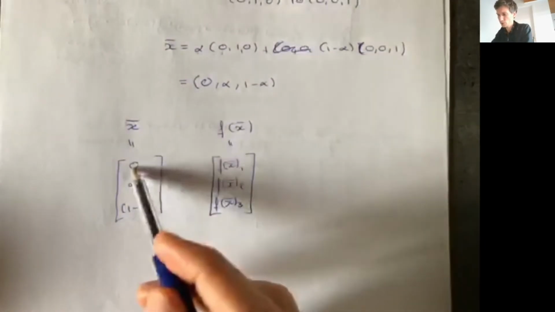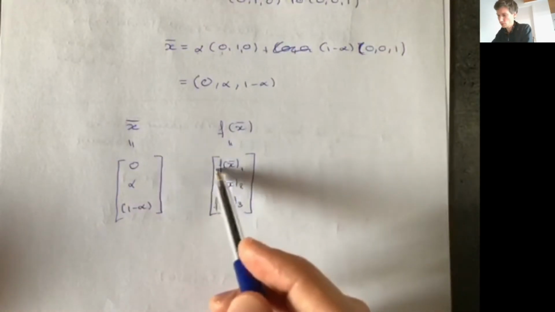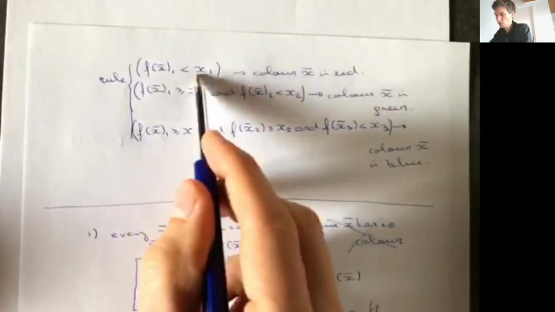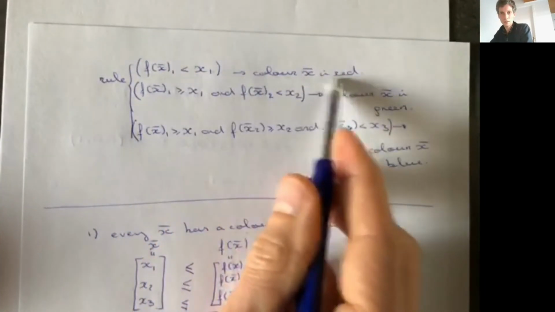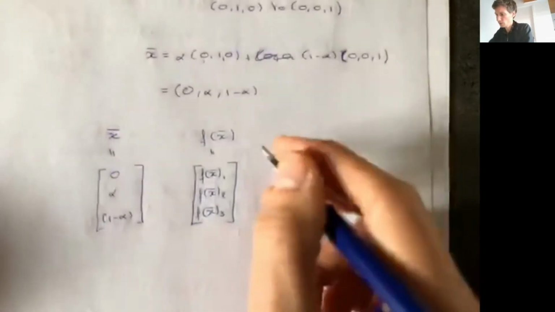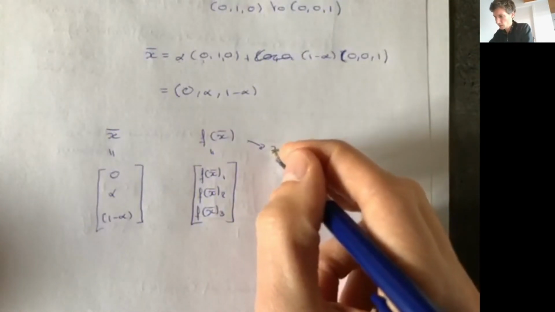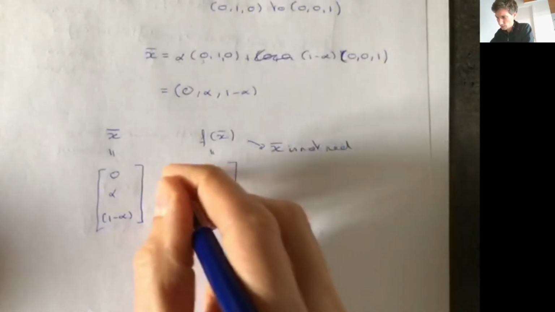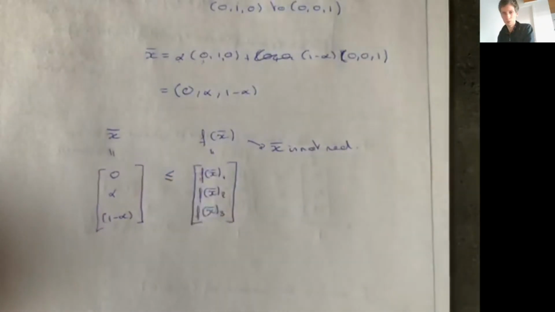This cannot be smaller than 0, because all these numbers are non-negative. So if the first component is not smaller than 0, then this color is not red. So whatever happens here, x is not red, because 0 is smaller or equal to f of x1.